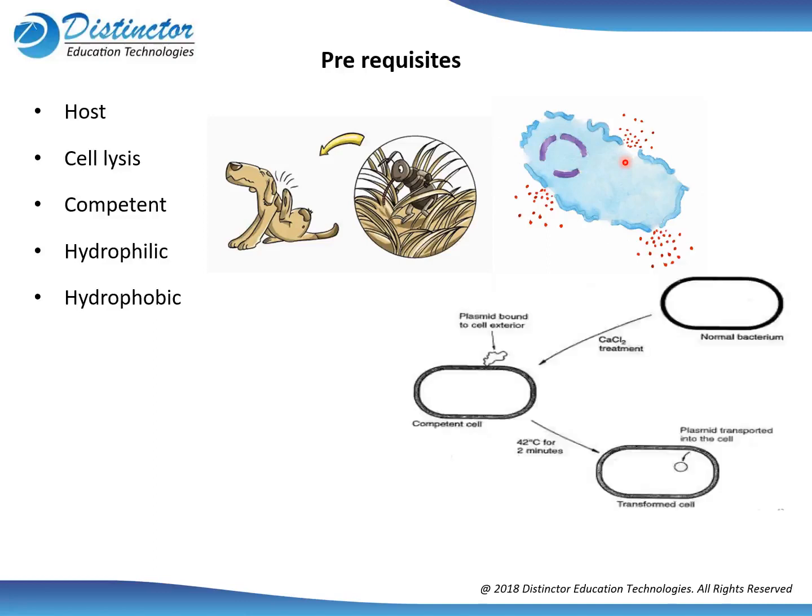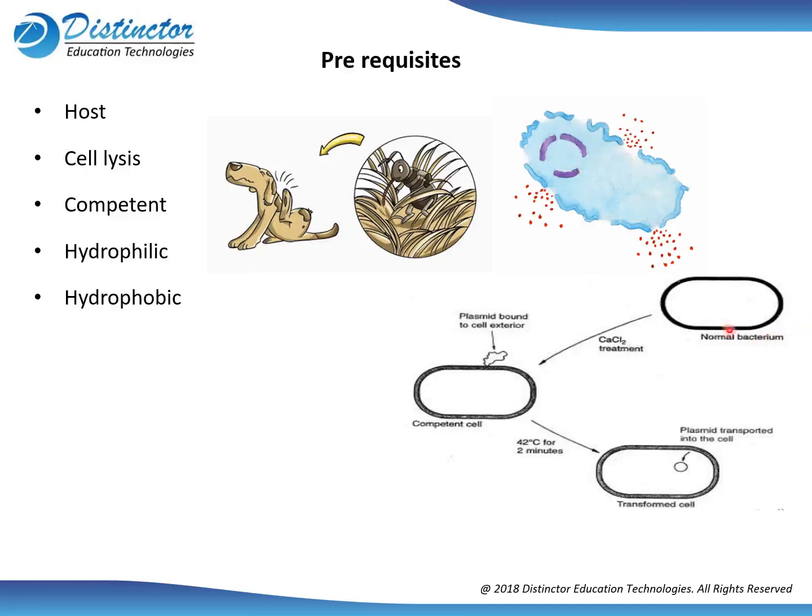The next one is competent. So what does competent mean? The capability or efficiency to take a particular action is called a competent cell. So in recombinant DNA technology, when a host has the capability to take up or accept a foreign DNA, that is called a competent cell or a competent host.